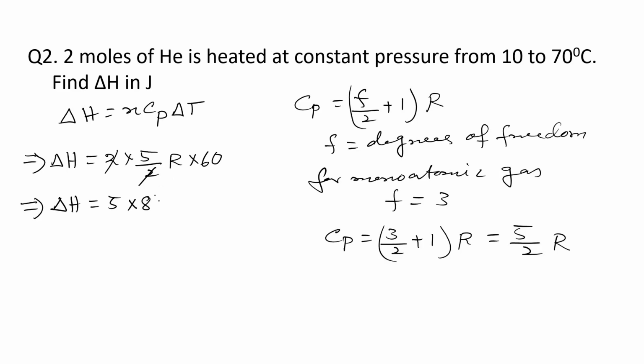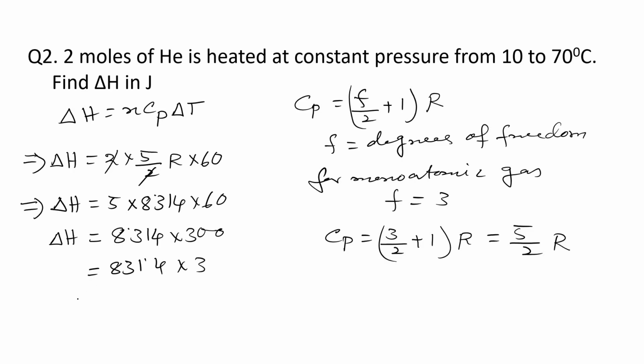So 8.314 into 60. So delta H is equal to 8.314 into 300. So I can write 831.4 into 3. That means how much is it? 3 3s are 9, 24.